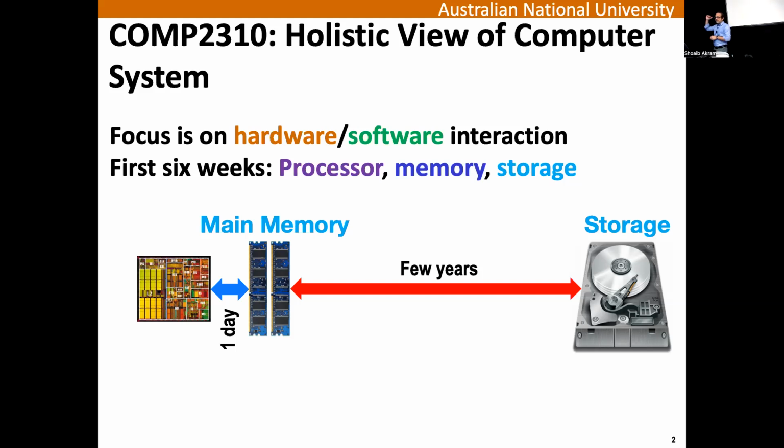Once again, the processor has direct access to main memory, all the data in main memory. It can use load and store instructions to access any byte. And then through the operating system, it needs to go to the IO devices, and the most important IO device in the first 6 weeks for us is disk or solid state drive or storage, which is far away from the processor.